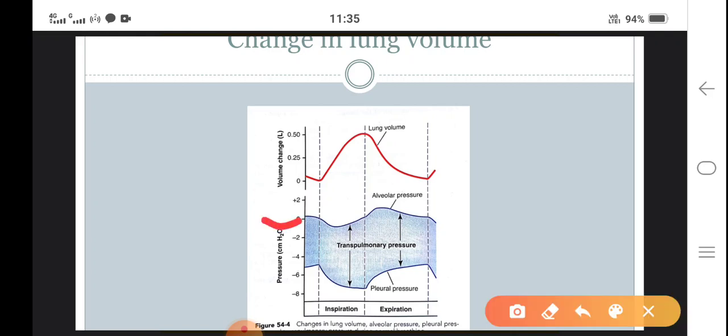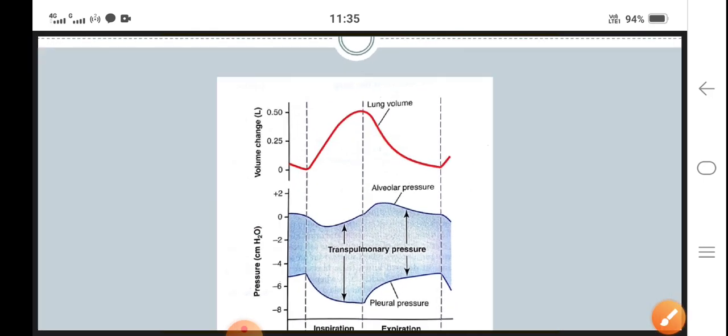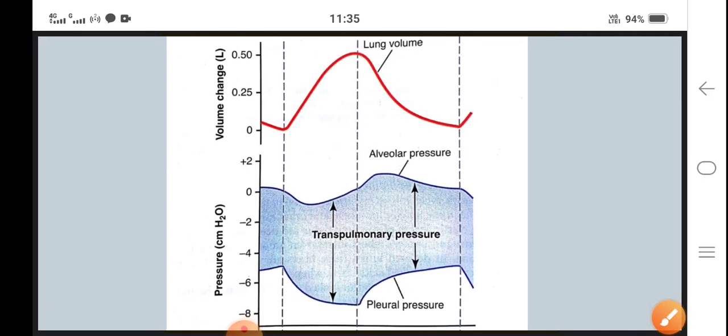To cause inward flow of air into the alveoli during inspiration, the pressure in the alveoli must fall to a value slightly below the atmospheric pressure, which is 0.